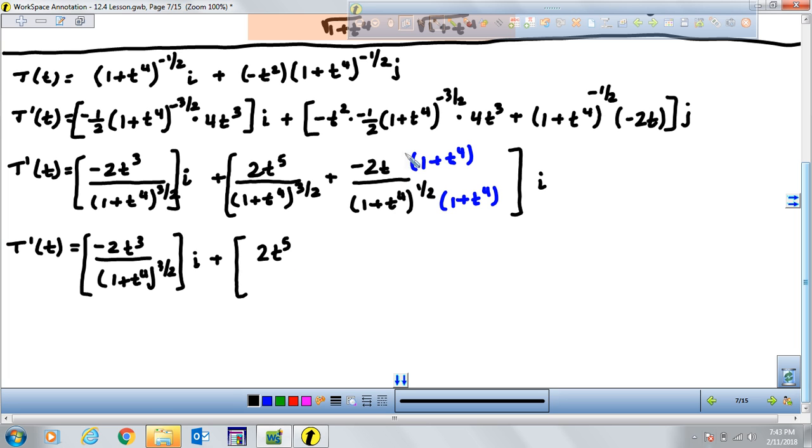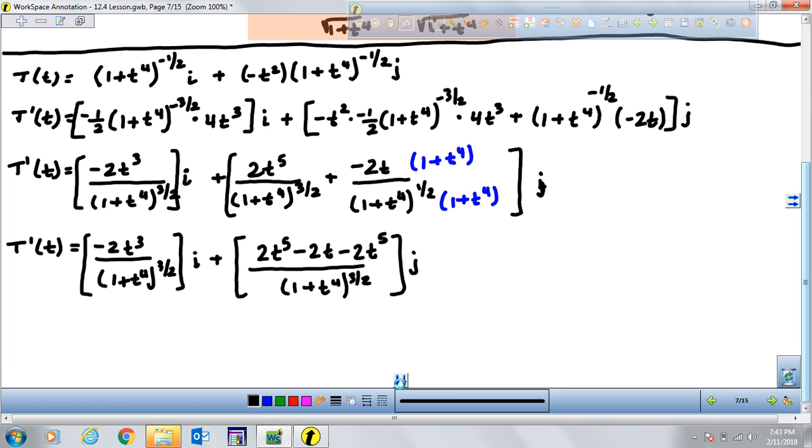When I distribute this, negative 2t times 1 is minus 2t, and negative 2t times t to the fourth is minus 2t to the fifth. Everything over the same denominator, which is going to be 1 plus t to the fourth raised to the 3/2 power. And that is my j component.